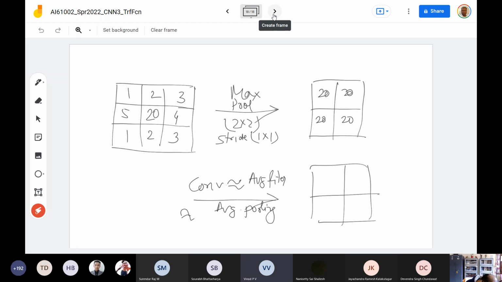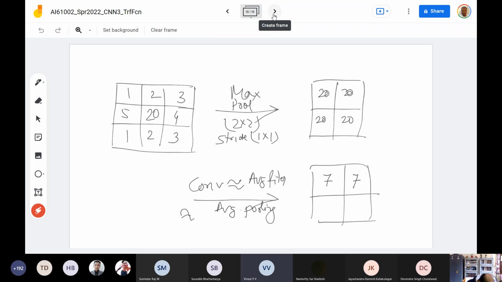Now here, this one is going to be 20 plus 2 is 22 plus 6 is 28 divided by 4 is 7. This one is going to be 20 plus 6, 26 plus 3 is 29. 29 divided by 4 is approximately 7.